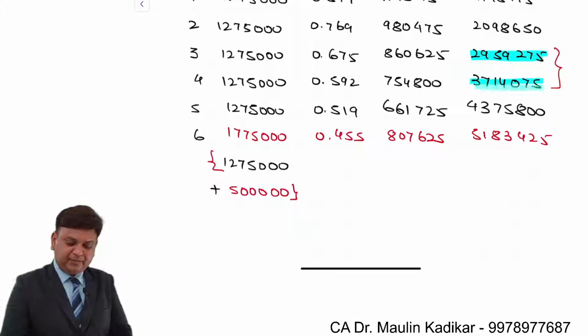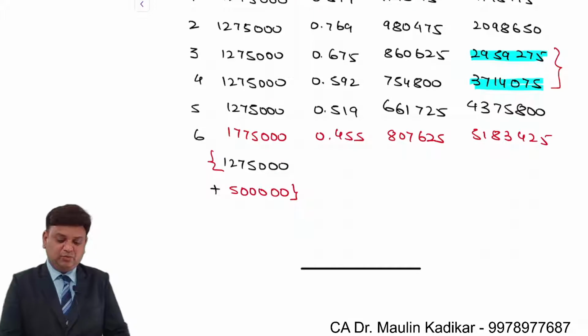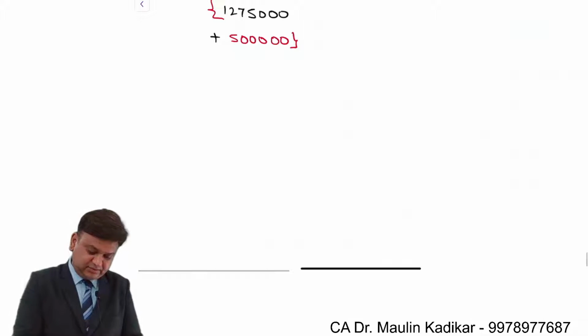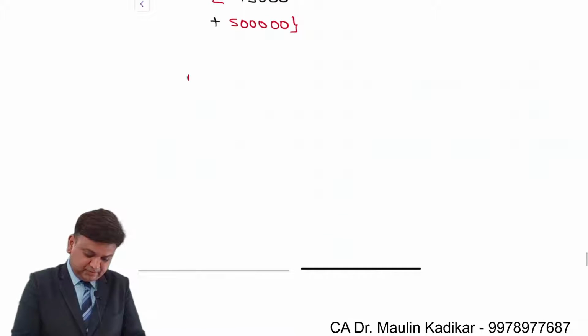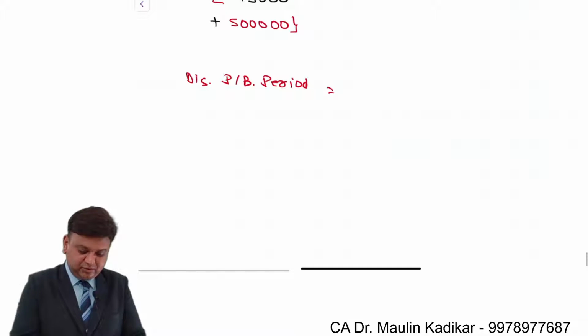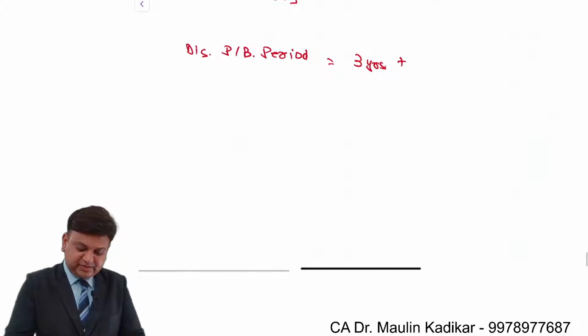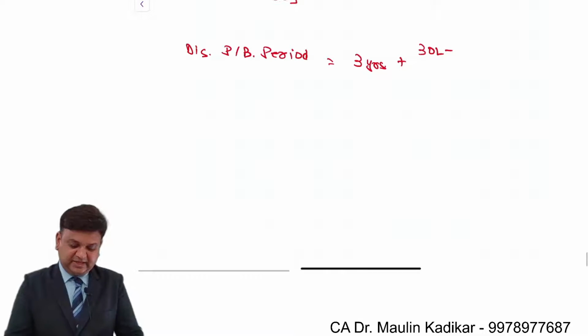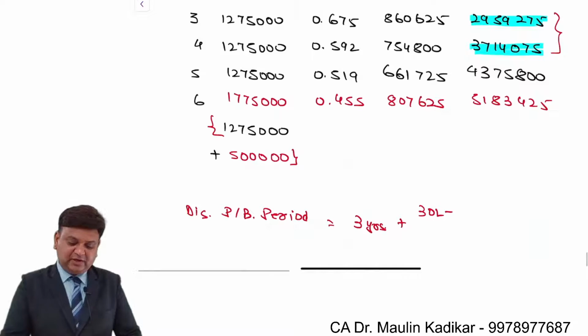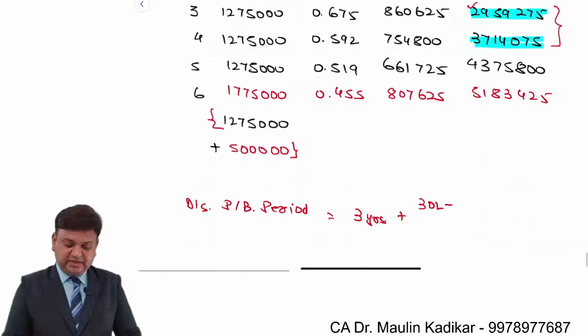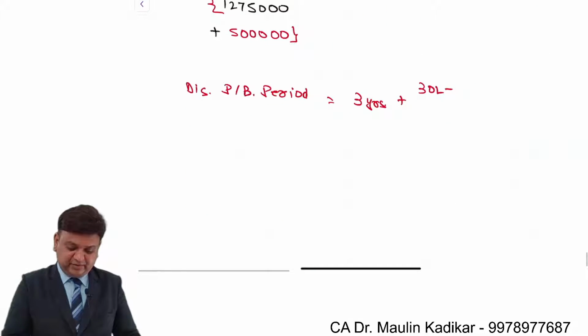Now friends, we understand that we are able to recover the investment after third year and before fourth year end. So the discounted payback period is more than 3 years but less than 4 years. So discounted payback period is equal to 3 years plus the amount of the investment is 30 lakhs minus by end of third year what we have been able to receive 29,59,275.